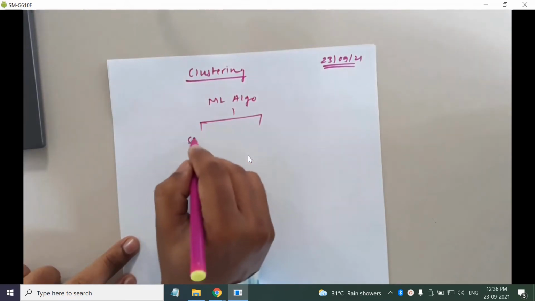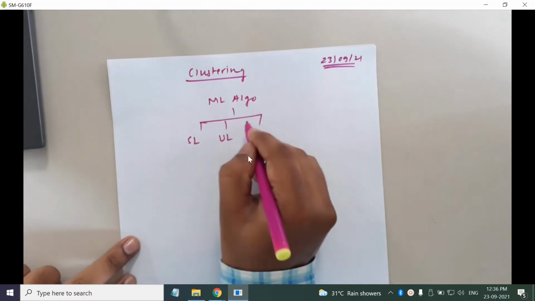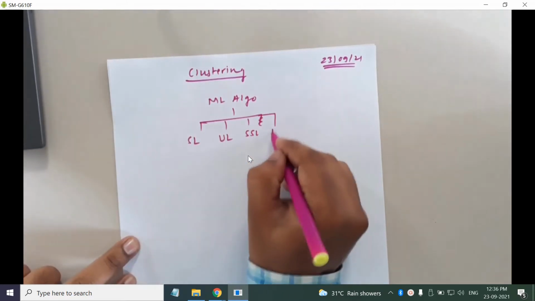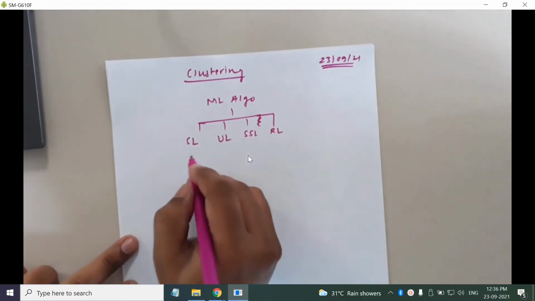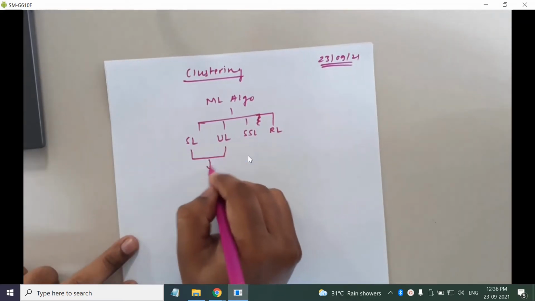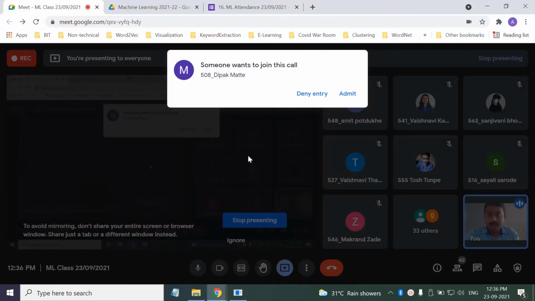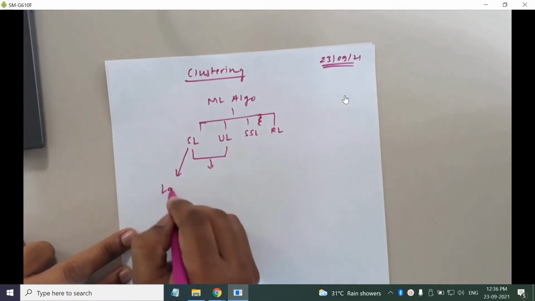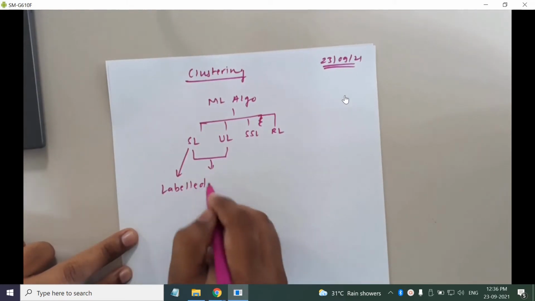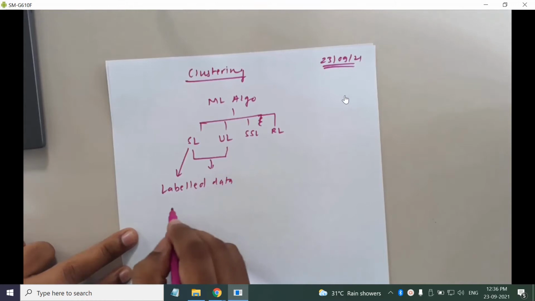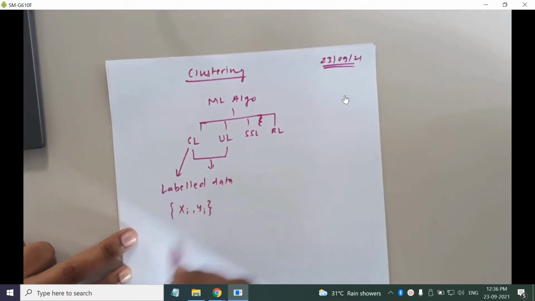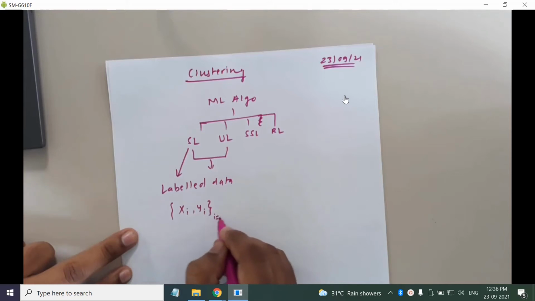that is supervised learning, unsupervised learning, semi-supervised learning and reinforcement learning, right? And we can compare these two approaches based on the data we have. So in supervised learning we have labeled data, which is in the form of xi, yi, where i is varying from 1 to n.